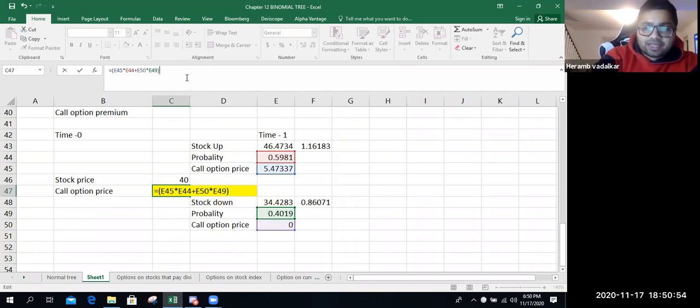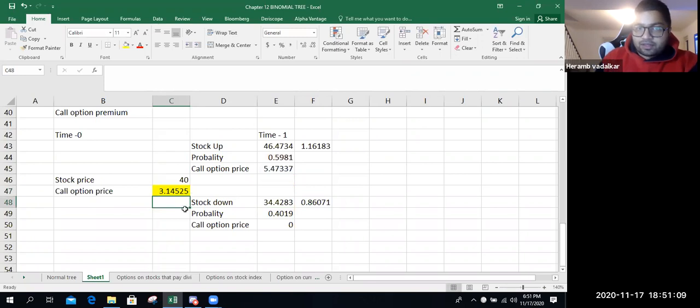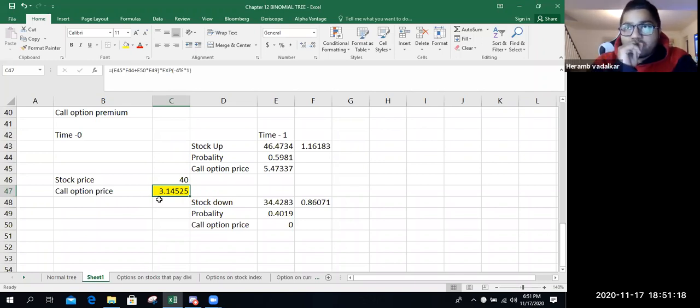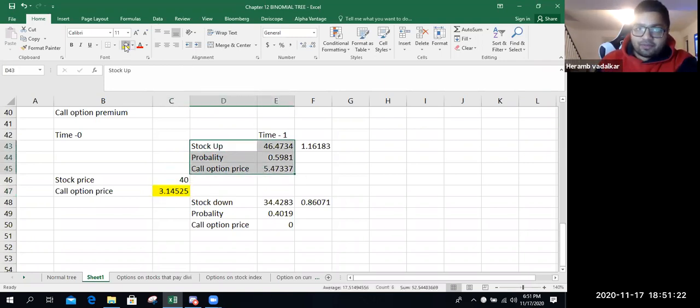And we have to discount it exponentially, by risk-free rate times t. So minus 4% times 1. So call option price right now is $3.14. Okay, so I'll make it a little fancy so that it looks like a tree.